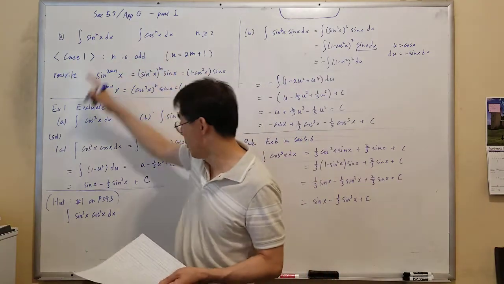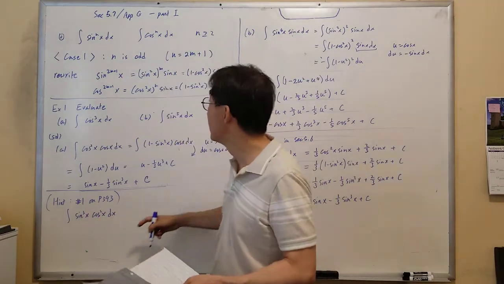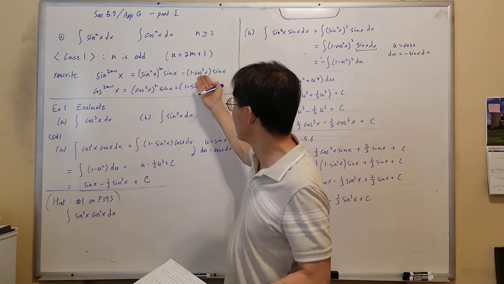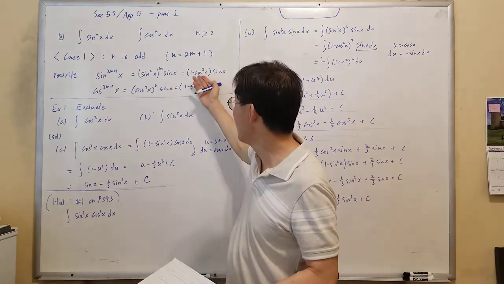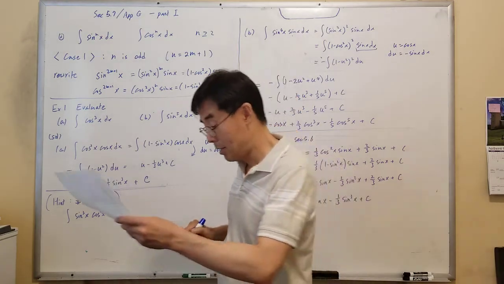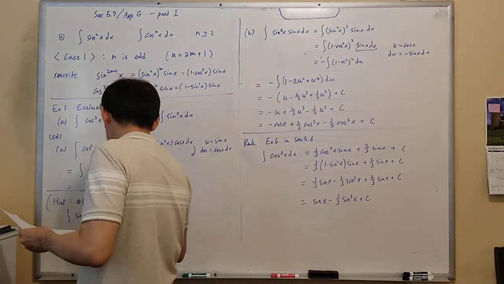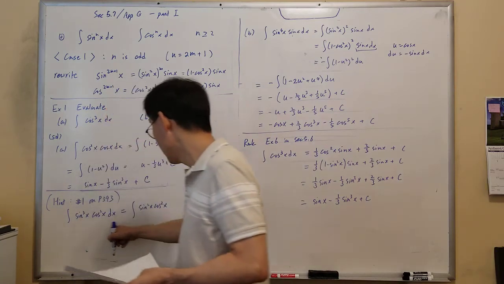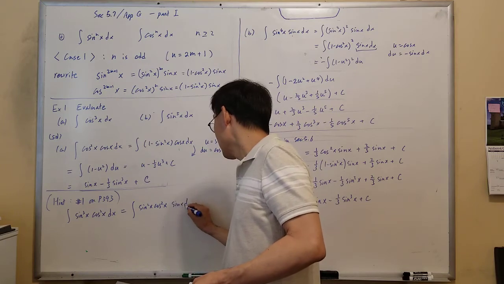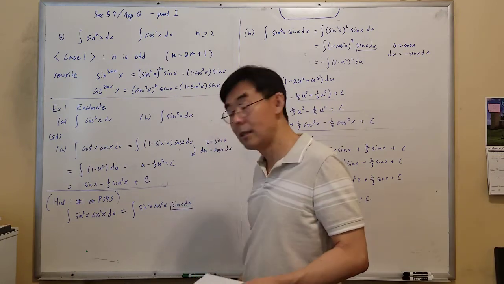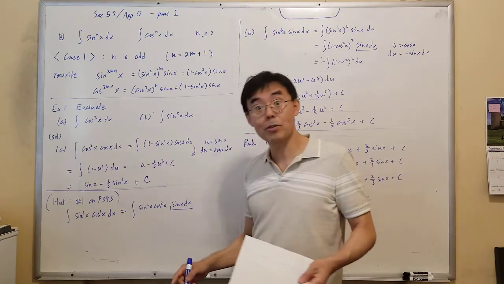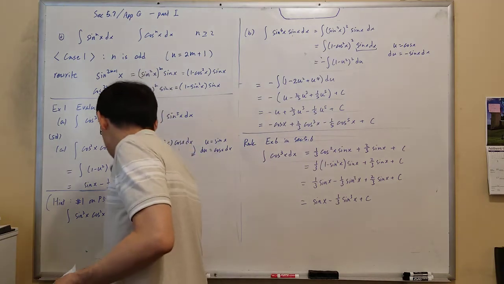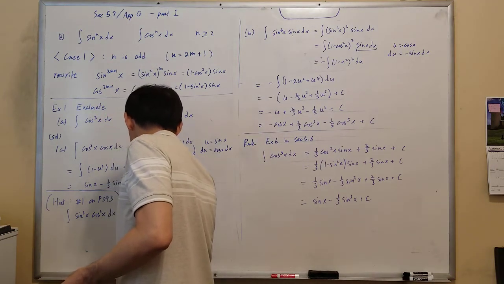When you have an odd power, 3 and 2, extra ones come out and that will be used as du, right? Of the opposite ones. So this one, odd power thing, you might want to write sine squared of x, cosine squared of x, and sine of x dx. I want to use this one as du. That means our u has to be cosine of x. Of course, du will be minus sine x dx. So this one I want to write it as 1 minus cosine squared of x.